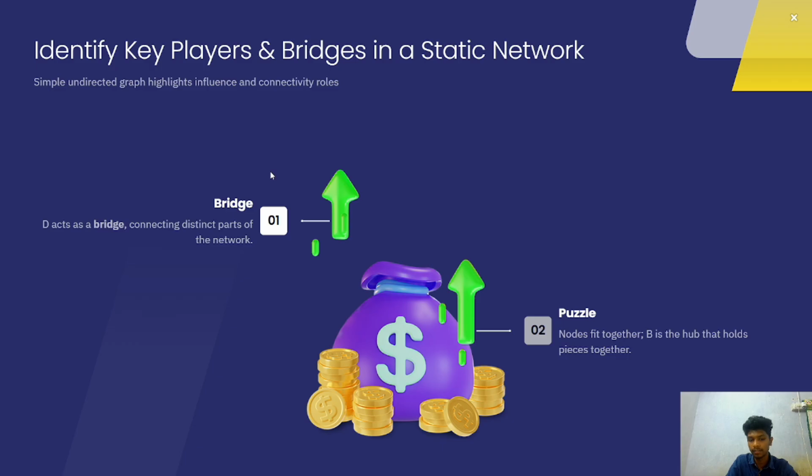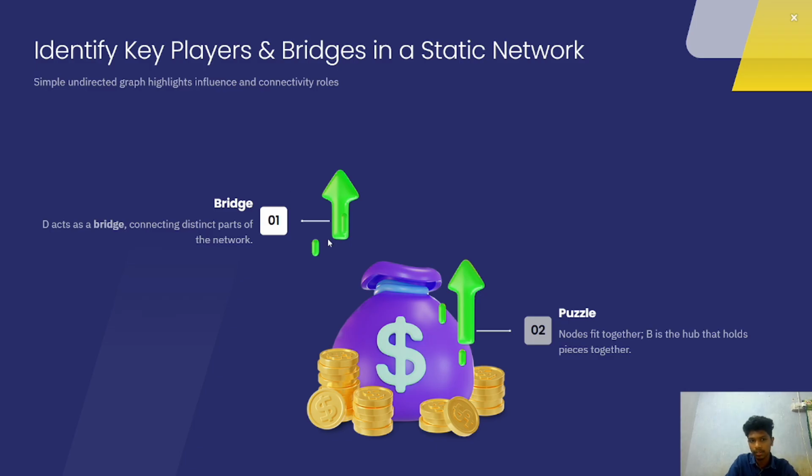In SNA metrics, these roles are often quantified using centrality measures like degree centrality, which is nothing but how many connections a node has, or betweenness centrality, which is how often a node lies on the shortest path between two other nodes.